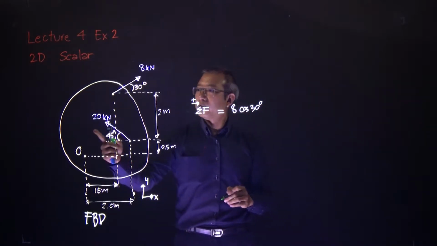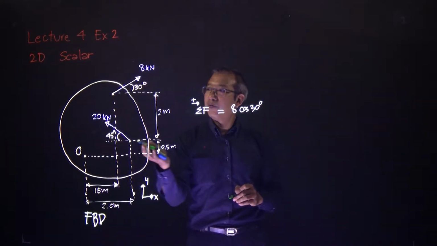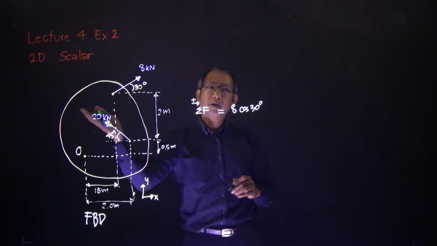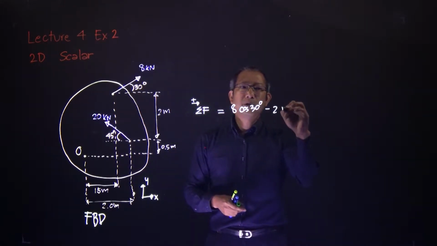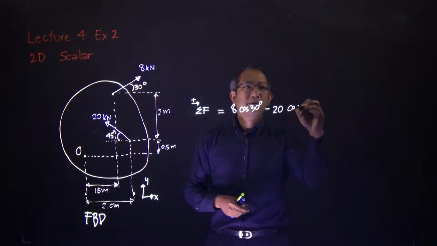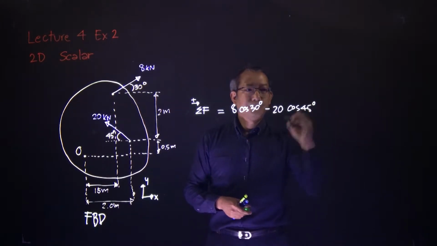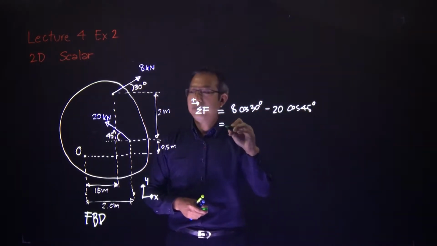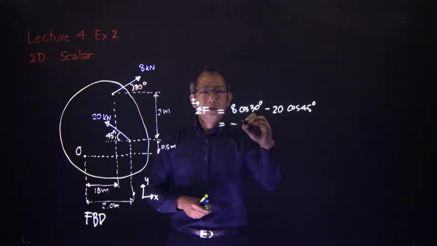Then the next one is the 20. The 20 in fact goes to the left hand side, therefore it is minus 20 cosine 45 degree.